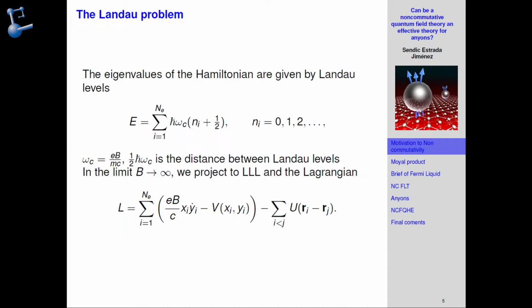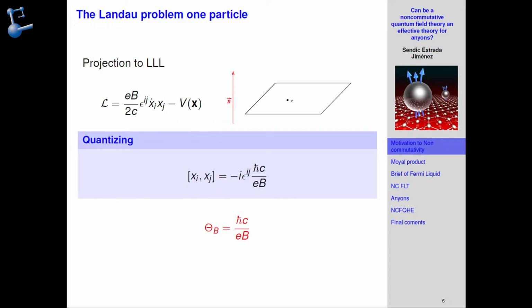In the first term, for one particle, for more clarity, we have this commutation relation for the coordinates, and this parameter we can label with theta. That is the non-commutative parameter for the space.